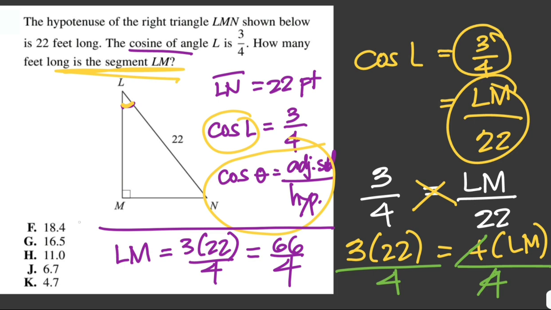We don't have 66/4 in our choices here, so we just divide 66 by 4, and that is equal to 16.5. So the answer here is letter G. That is the length of side LM, or the other leg of the triangle.